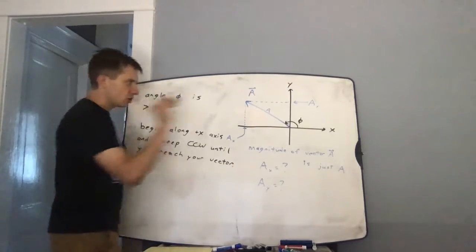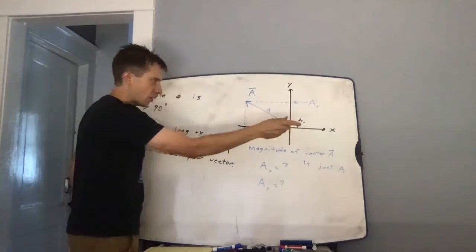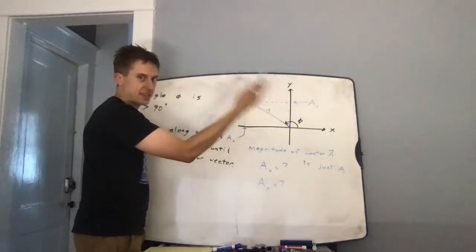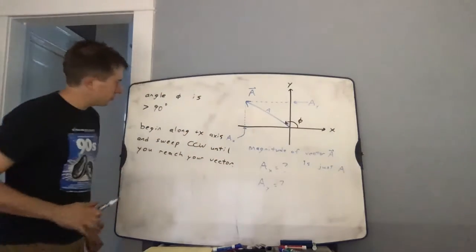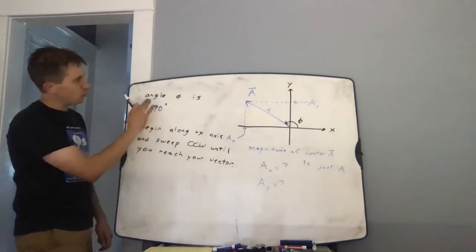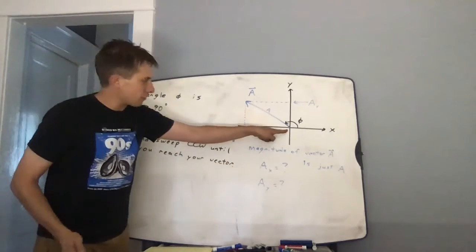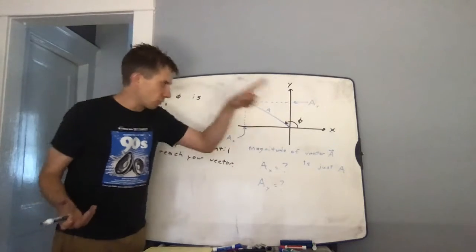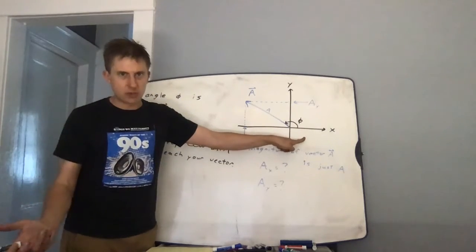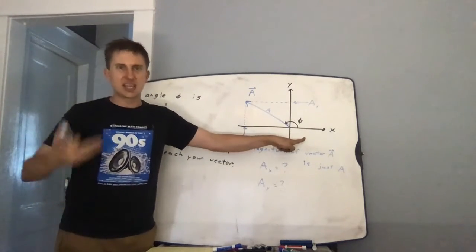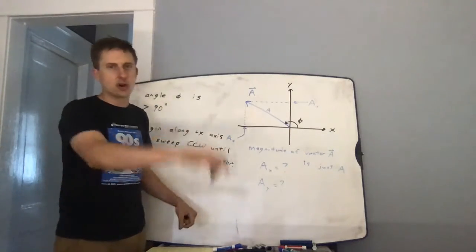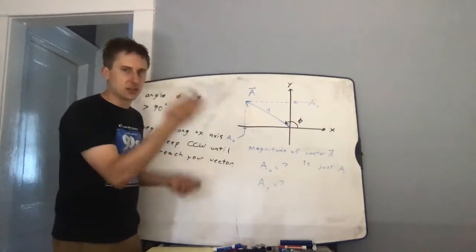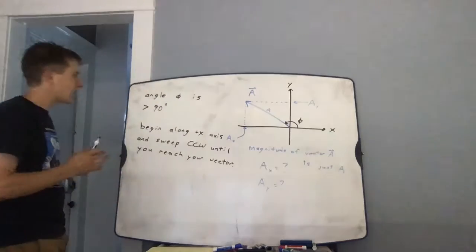You begin pointing to the right, along the positive x-axis, and then you sweep. And when you do this, you will sweep more than 90 degrees. If you're down here, you're going to sweep around more than 180 degrees. If you're in the fourth quadrant, you will sweep more than 270 degrees. That is okay. Angles could go more than 90 degrees. There is nothing wrong with that.